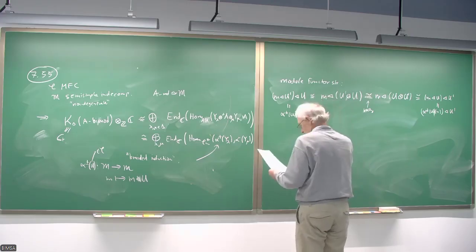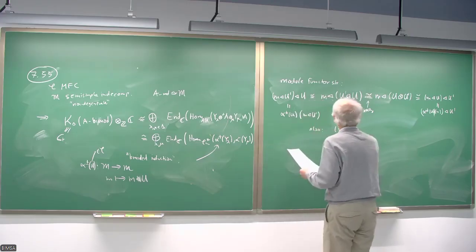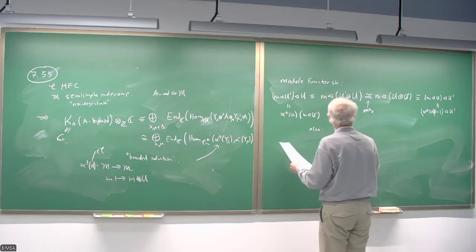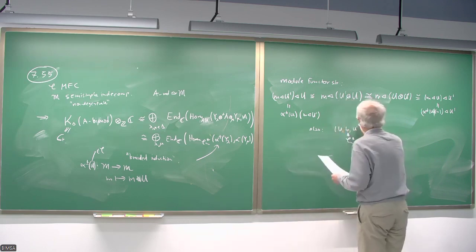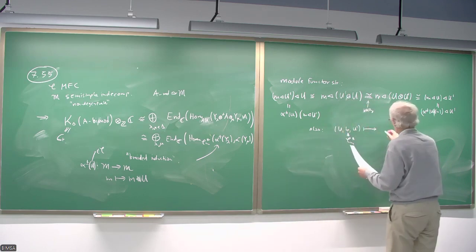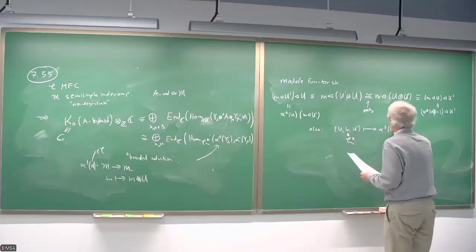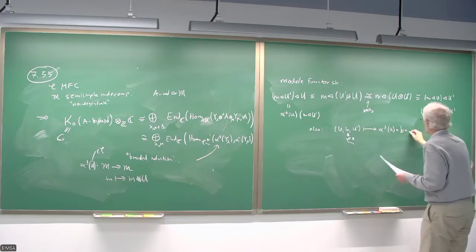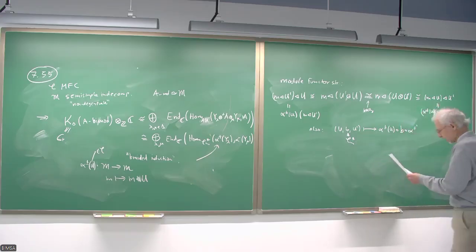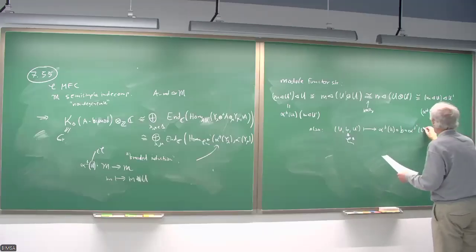And so this gives us a module functor structure. Also let me mention, if I take U, V in CM star, U prime, map it to alpha plus minus of U, which is a functor composed with B, which is a functor composed with alpha plus minus prime of B prime.